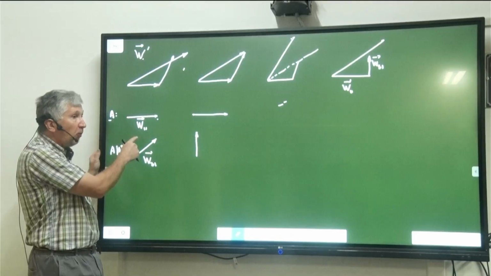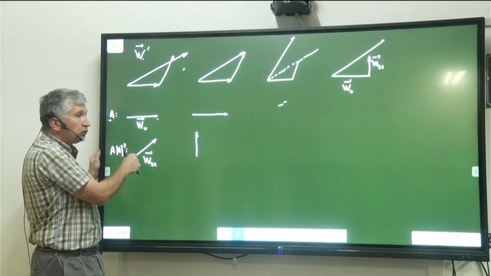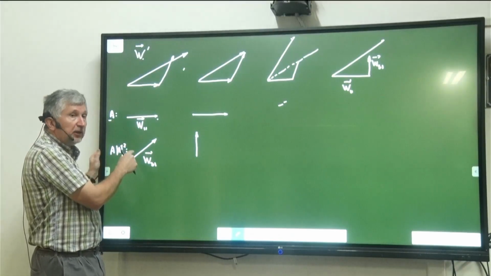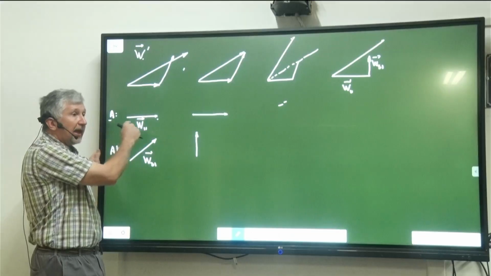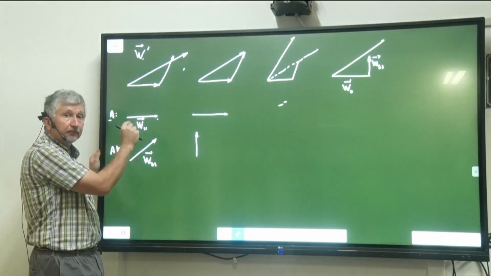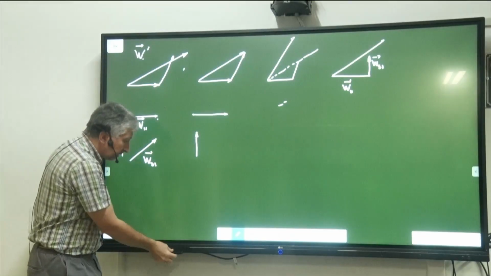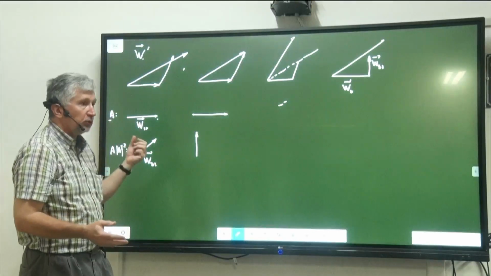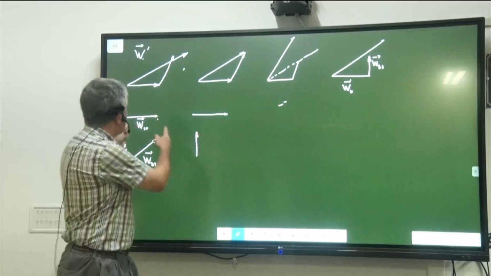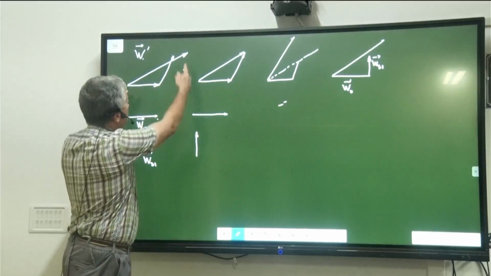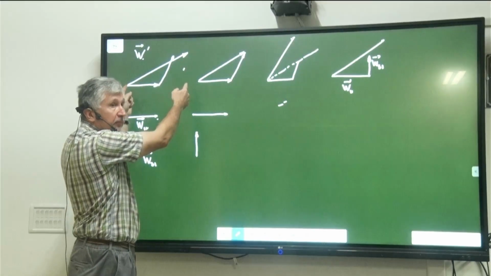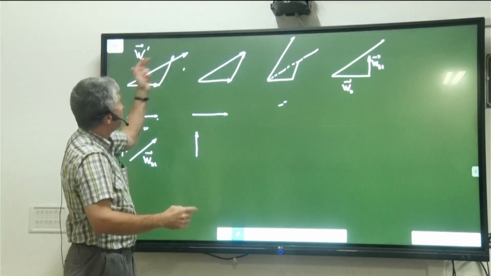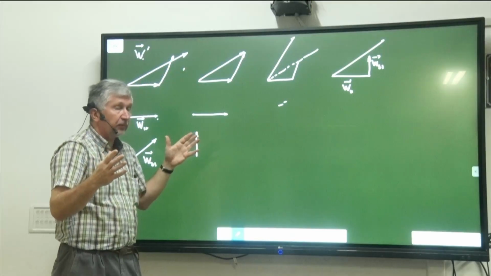So adding these two together is simply equivalent to taking this and stretching it a little bit. You see what I mean? So mathematically, you have some component that you would like to recover. That's the horizontal component of the full solution that you would like to recover.